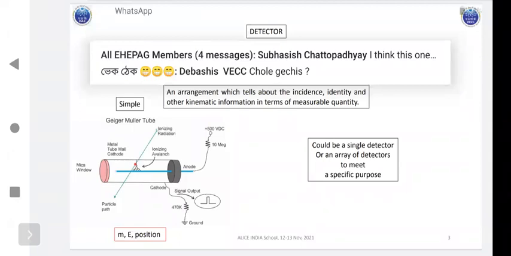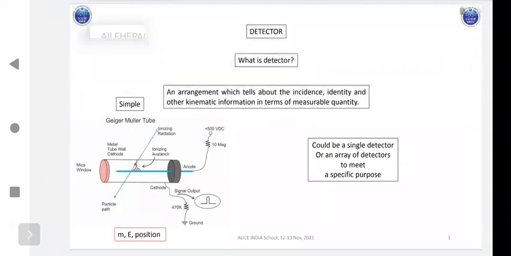Sorry for the interruption. Yeah, so the simplest detector is a very simple gas tube, with a voltage applied across the wall and the anode wire. And this simplest detector is actually used in real experiments, and they are designed to serve a specific purpose.